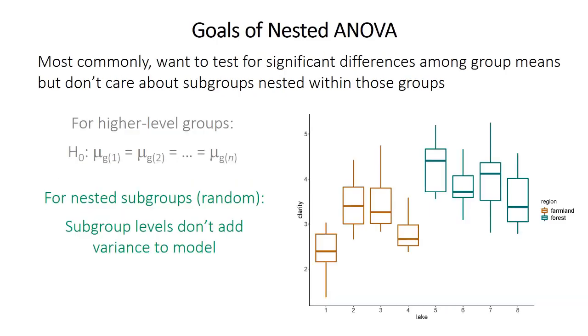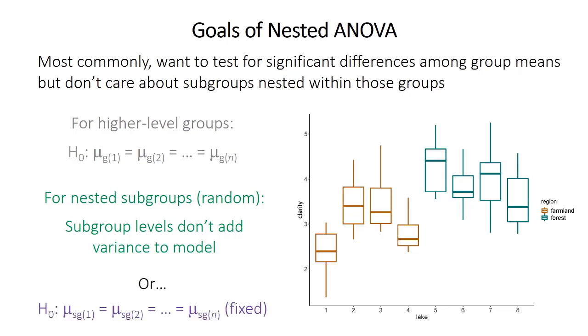If the nested subgroups are being treated as a random effect, the null hypothesis for them is that the different subgroup levels don't add overall variance to the model. But really, the statistical results for random effects typically aren't even reported or investigated in this type of study.